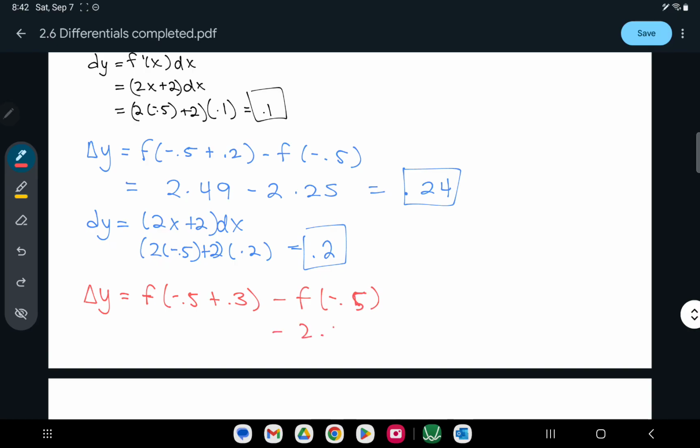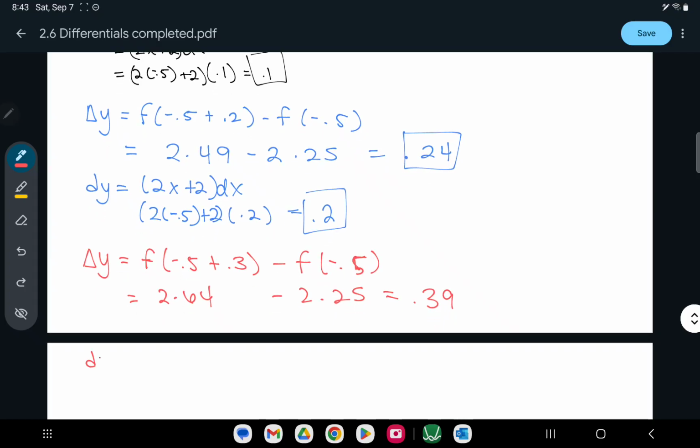I know that one is 2.25. It's the same. And then this one, when I plug it in, I get 2.64. So when I subtract those, my actual change is 0.39. Let's get my approximate: 2x plus 2 times my new change of 0.3.